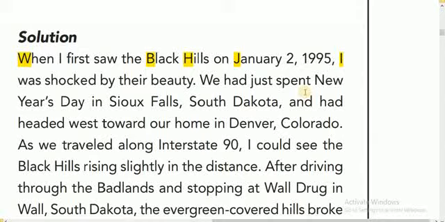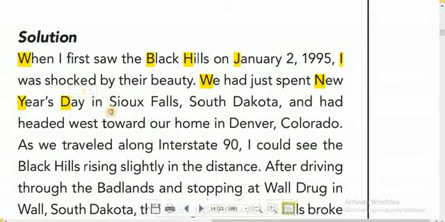We had just. We is a pronoun. Capitalize "We." We have just spent New Year's Day. New, capitalize it. Year's, capitalize it. Okay. Day, capitalize it. This is a rule.